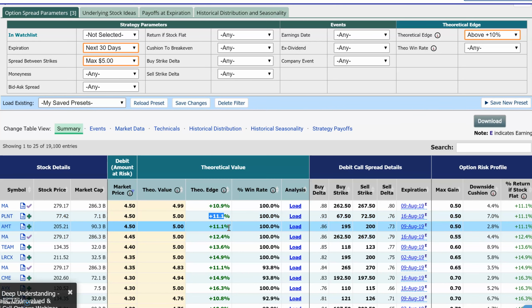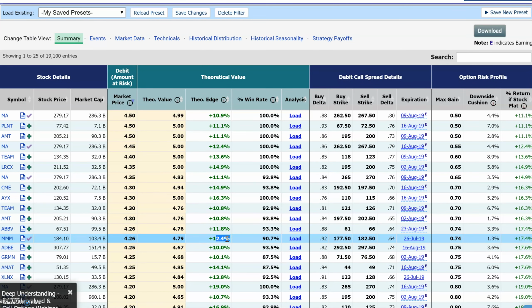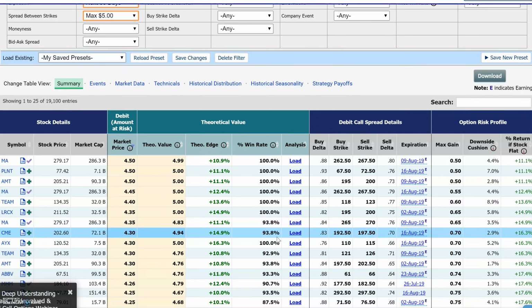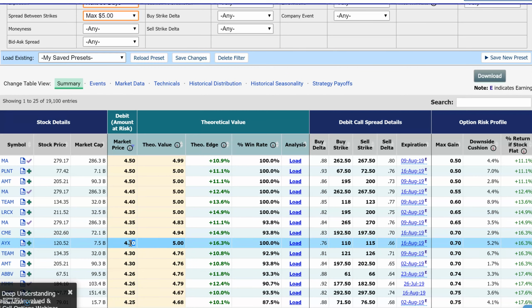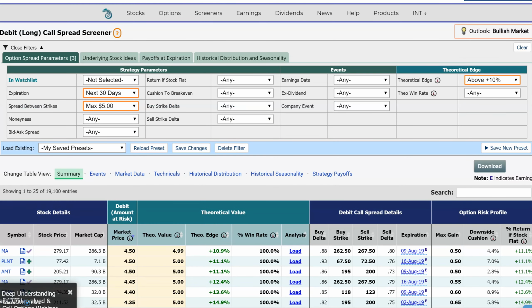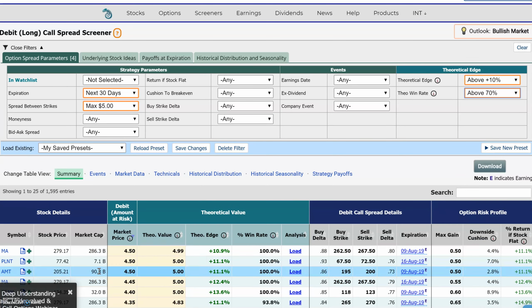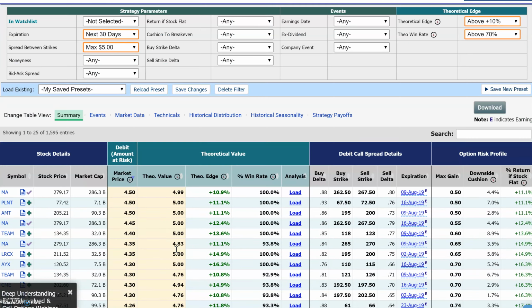So you could see that there's at least a 10% edge because you're buying it below the theoretical value. Now let's take another look. We want to see maybe a high win rate based on the current market price. So let's just put it at 70%. Again, we're just narrowing down the possibilities here.